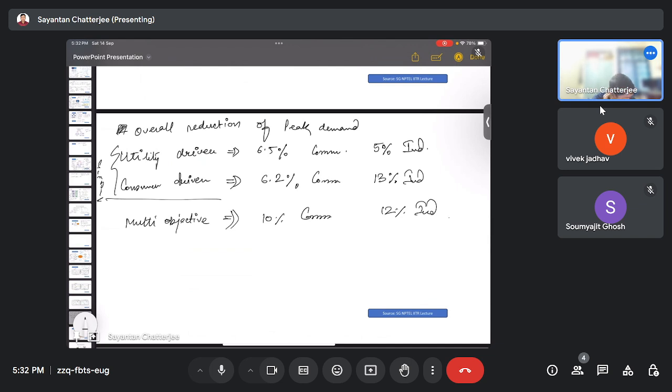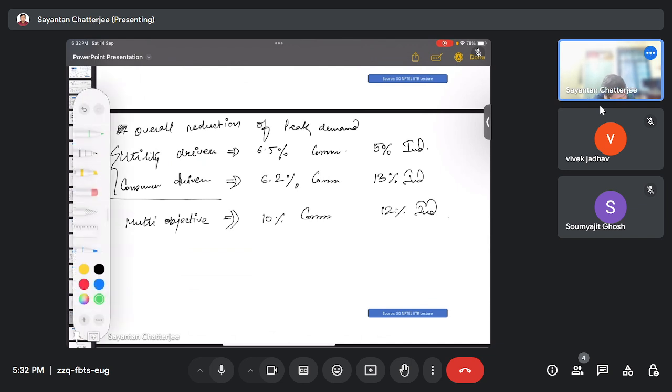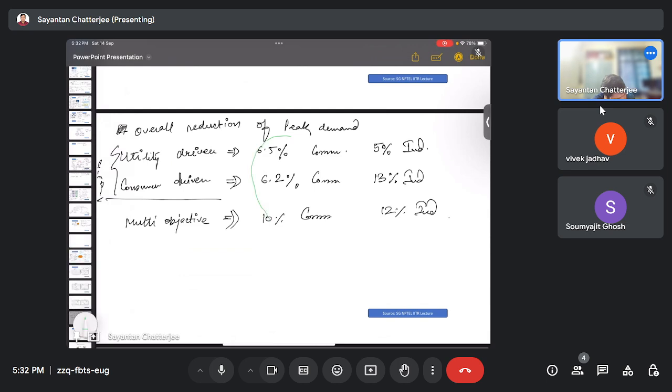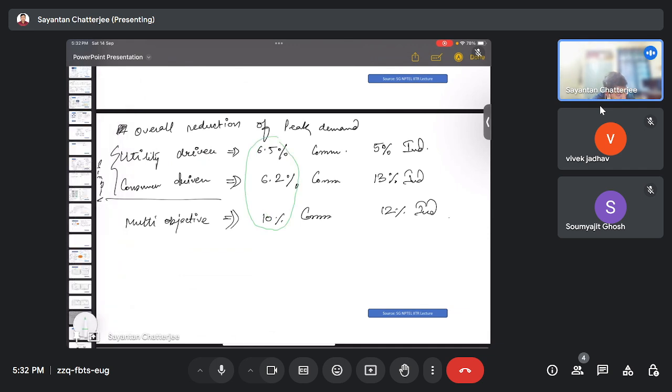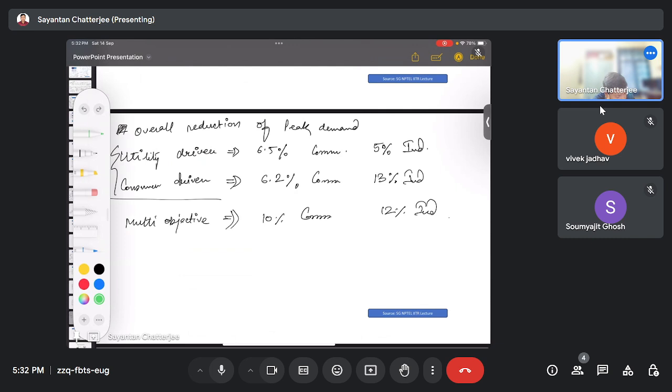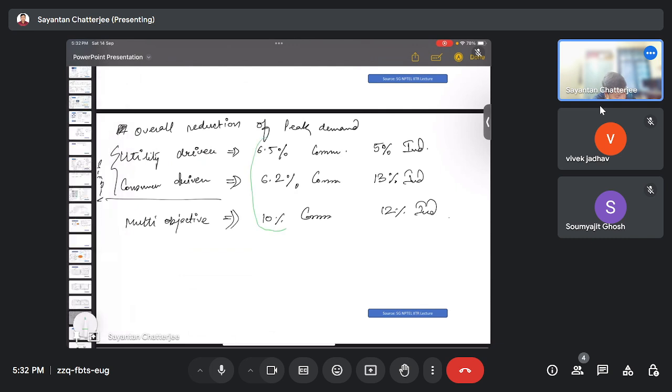So overall, what we can see is that in all these cases, all these values are reduced values. And here, in case of the industrial part, here also the systems have reduction. So peak reduction is observed for all these cases.